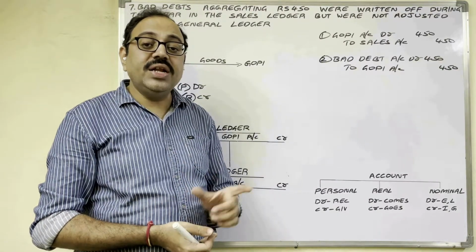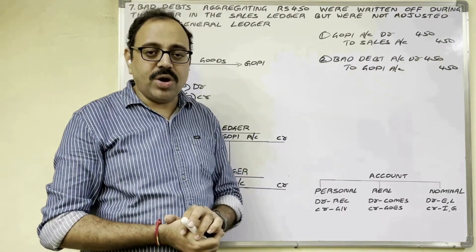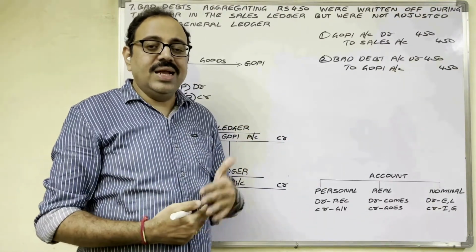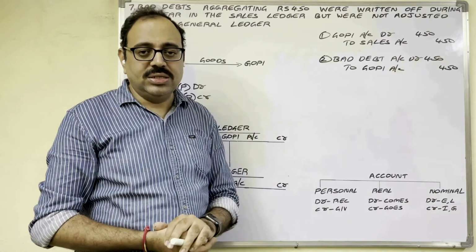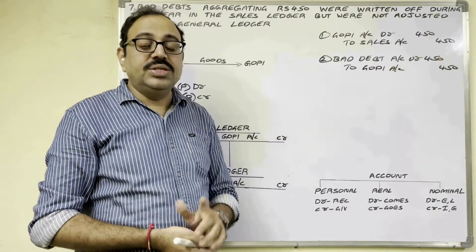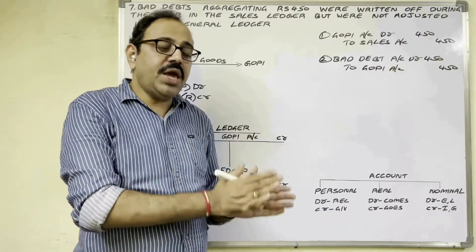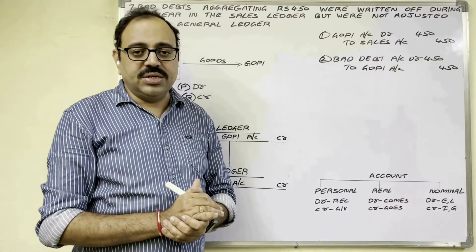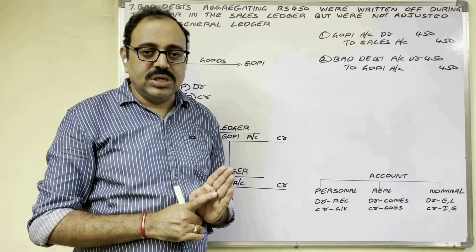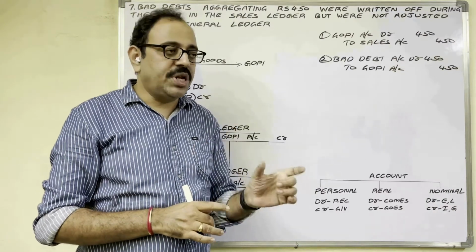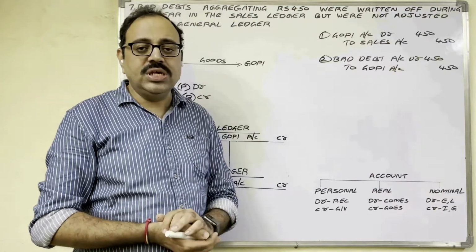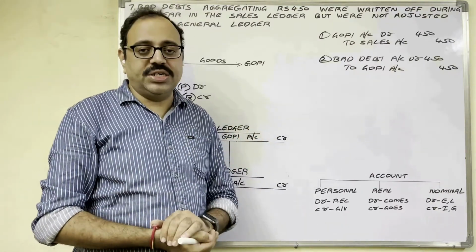Purchases ledger contains creditors accounts because when we buy goods from suppliers on credit, then suppliers become creditors. Their accounts we prepare in purchases ledger. General ledger, remaining accounts we prepare in general ledger. Means all real accounts, asset related accounts, nominal accounts, expenses, losses, incomes and gains related accounts we maintain in general ledger.